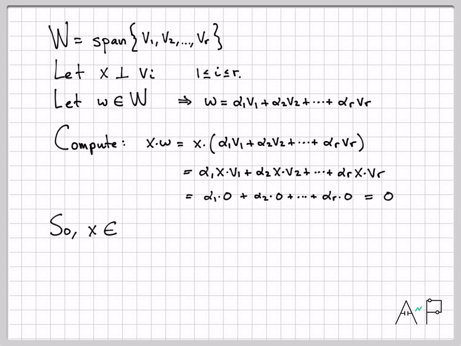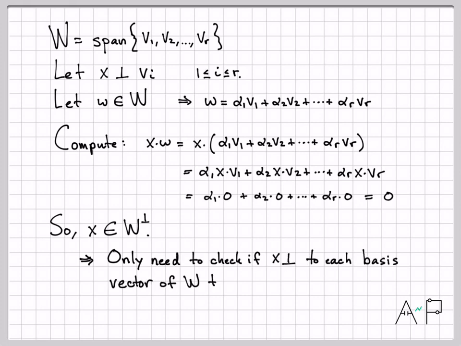So let's think about that. We just figured out that x dotted with this arbitrary element from the subspace W is 0, so x is orthogonal to it. That means that x must be in the orthogonal complement of the subspace W, just by direct computation here, right? So x is in the orthogonal complement, and note, really what we had to do here is only check to see if x was orthogonal to each basis vector of the subspace.